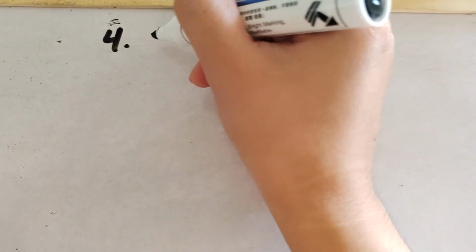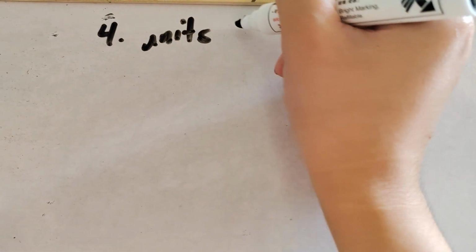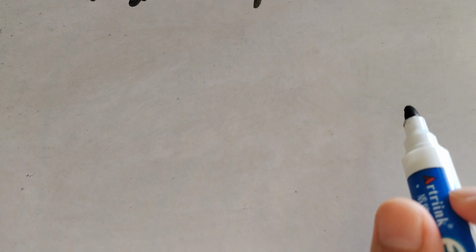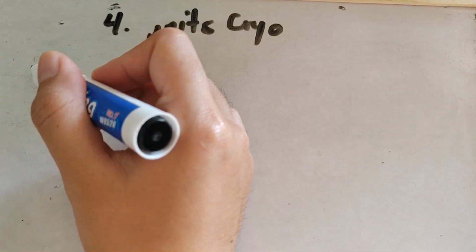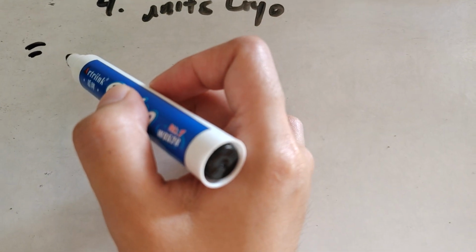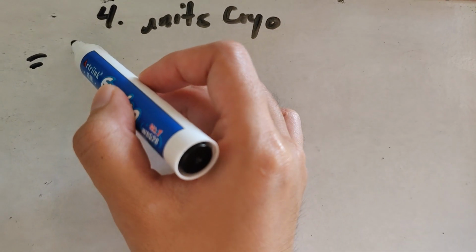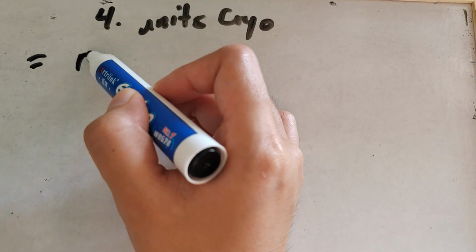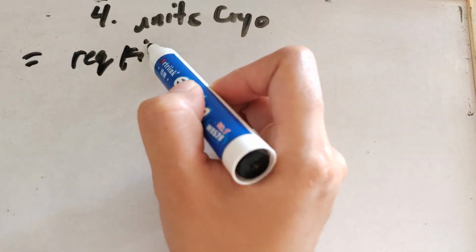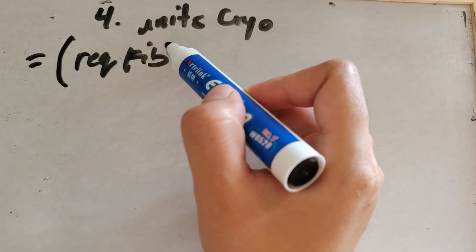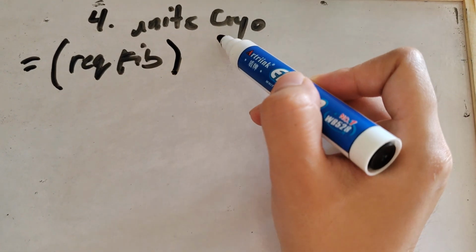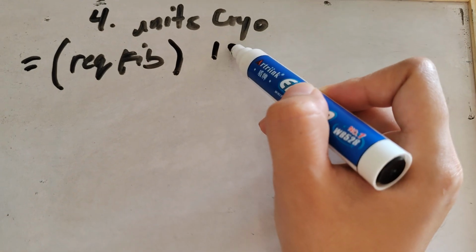Okay. So, move on to step 4. For step 4, we are now going to calculate how many units of cryoprecipitate are we going to need. Okay? So, how many units of cryoprecipitate na ang kailangan natin? So, given everything that we have na-compute na natin, formula for this, ang ginagamit natin is, we are going to use the required amount of fibrinogen times the constant.